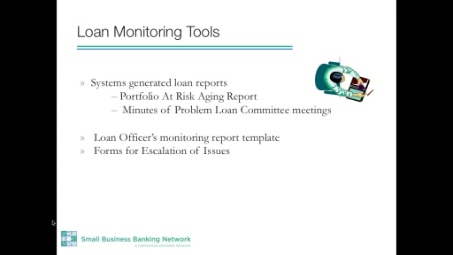Now, the form should also provide for steps in escalation of issues. If there are observations, for example, that the loan officer needs to discuss with the supervisor or the branch manager, there should be a space in the form that will guide them how to go about escalation of issues.